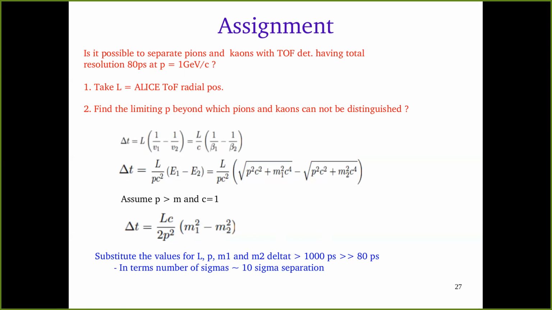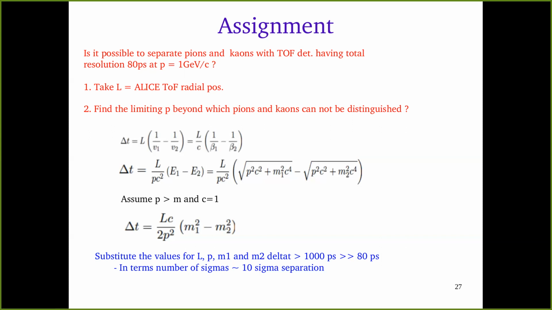If you want to quantify the time separation you get against your detector resolution, and you consider the 80 picoseconds as a sigma, then you get more than 10 sigma separation between the time of pion and kaon.